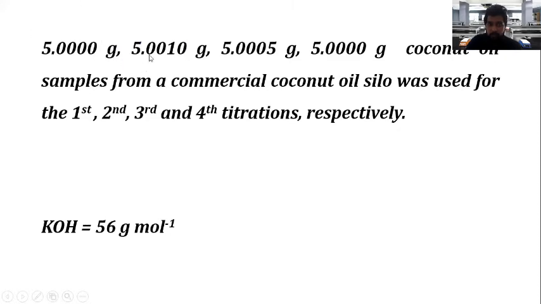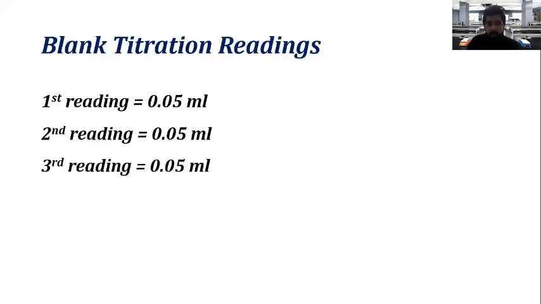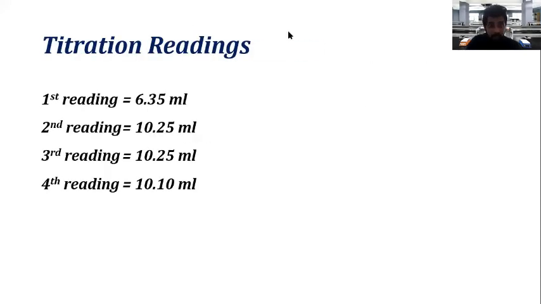The second weight is 5.0010 gram, 5.0005 is the third, and 5.000 gram is for the fourth titration. So we cannot take an average reading here. We have to do the calculation for all three readings. That is the proper way.